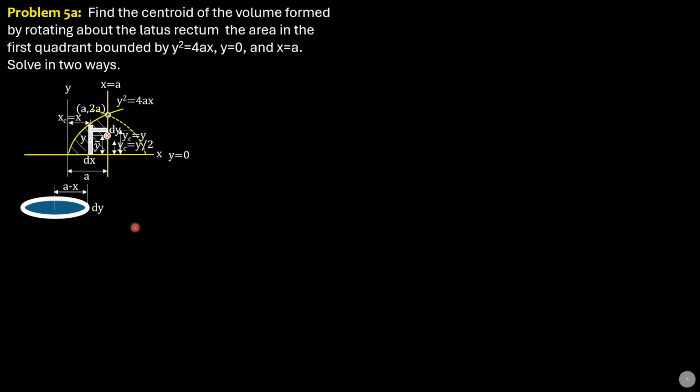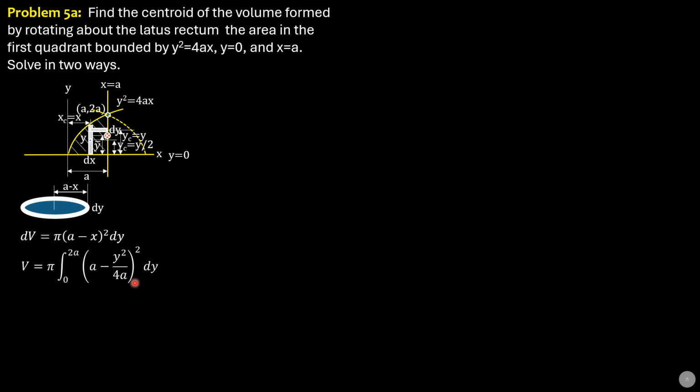So differential volume is volume of this disk. This is pi radius squared thickness. So dV equals pi quantity a minus x squared dy. So volume equals pi integral of quantity a minus x, and x is y squared over 4a, then quantity squared dy.